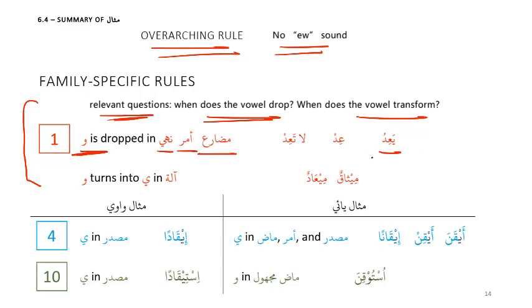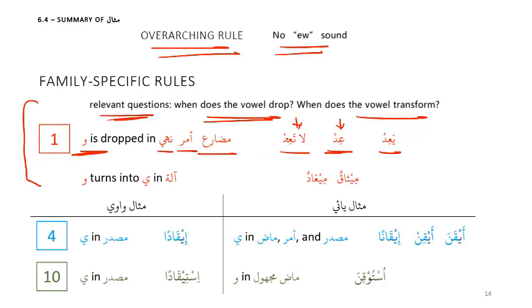So the example is ya'idu. Notice normally this would have a waw in there, like daraba yadribu, but the fa letter, which is a waw, is dropped. The waw is also dropped in the fail amr, and it's also dropped in the negative command.